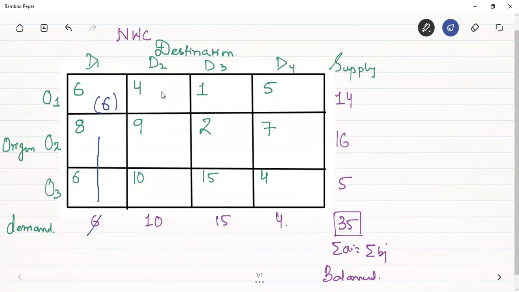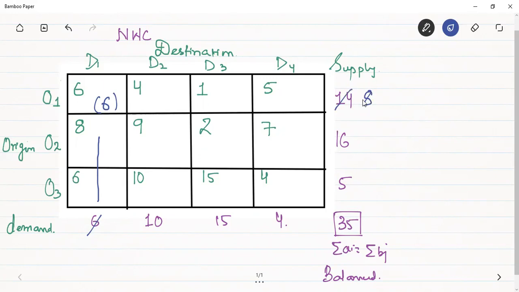The northwest corner cell is the 1-2 cell, and the demand of destination 2 is equal to 10 units. The supply available from origin one is, sorry, not 14, it will be left as 8. The remaining supply is equal to 8.